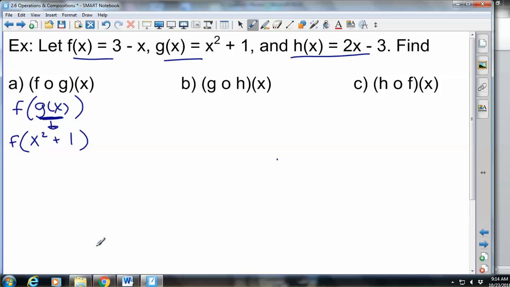Yesterday we did f of x plus h, and I told you you have to plug it in. If I said f of 3, you would go to your function f and replace your x with a 3. When I say f of x squared plus 1, you go to your function f, which is 3 minus something, and replace that x with x squared plus 1.